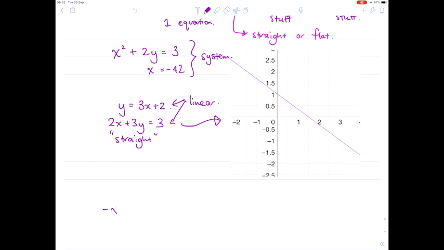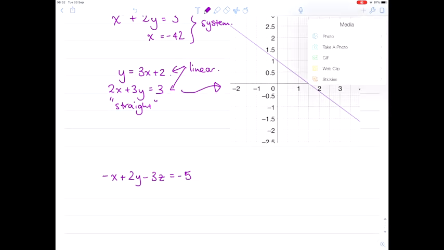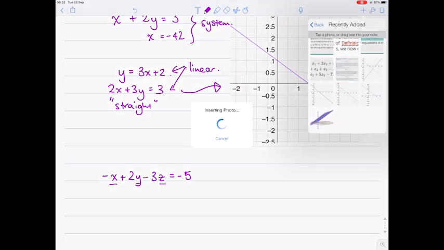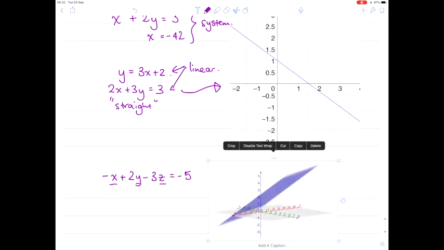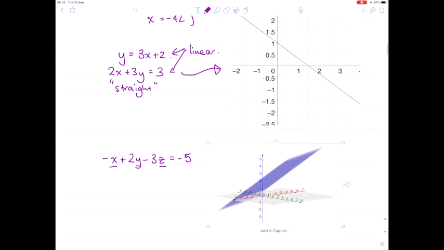For example, we could look at x plus 2y minus 3z is equal to minus 5. And if we plot that in 3 dimensions, because we've got 3 variables, x, y, and z, then what we get is not a line, but a plane in 3 dimensions.